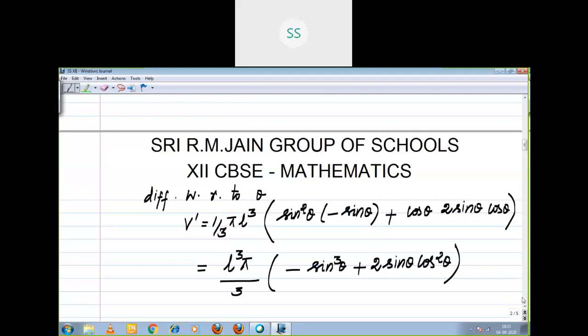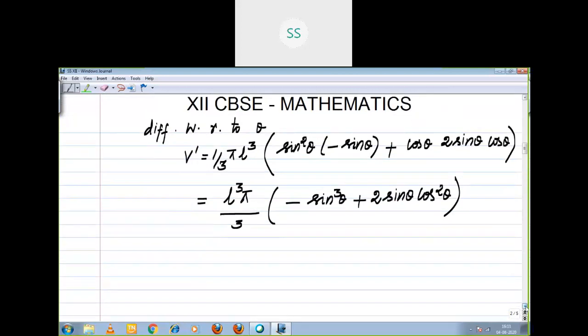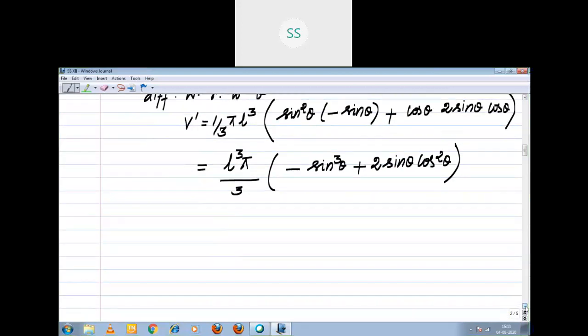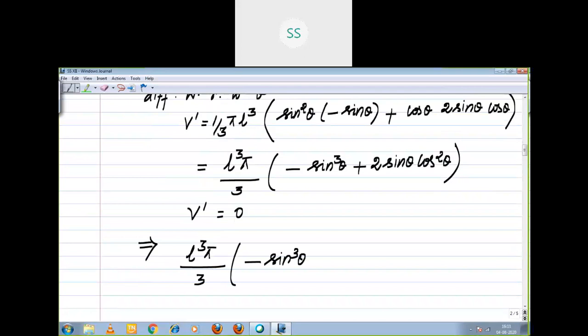Now, the second step, normally what you used to do, you have to equate the derivative to 0. V dash equal to 0 for finding maxima or minima. Which implies l cube pi divided by 3 into minus sin cube theta plus 2 sin theta into cos square theta equals 0.